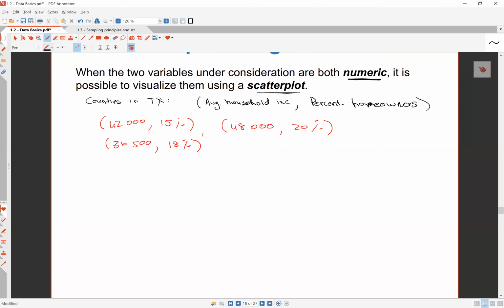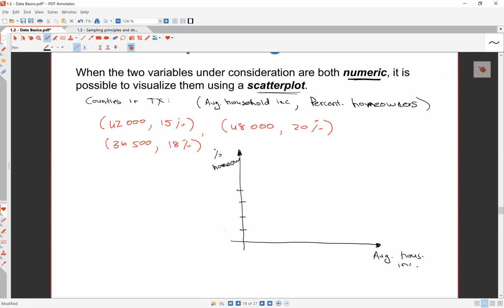So we can then go and visualize those on what you may have heard called in a math class before a Cartesian plane, where we have an x-axis and a y-axis. So in this case, I'm putting my first variable on the x-axis, average household income. I'm putting my second variable, percentage homeowner, on the y-axis.